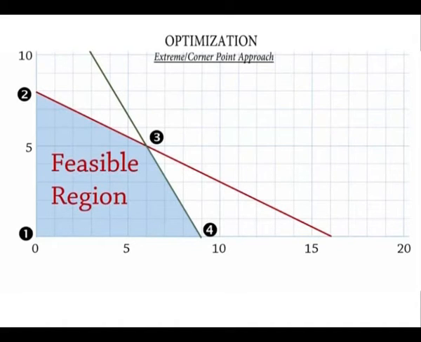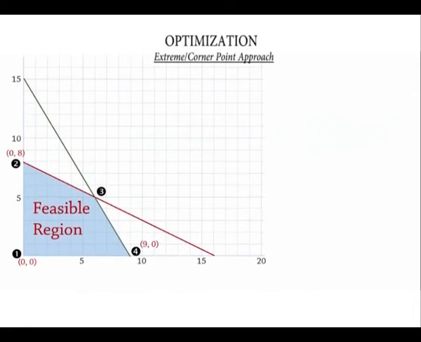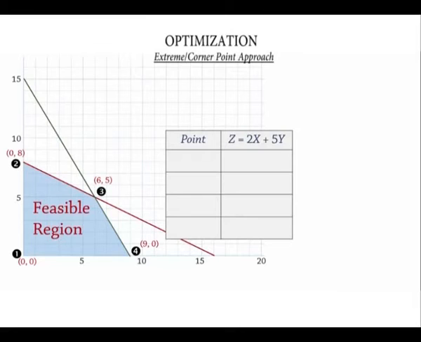At point 1, we have 0, 0. Point 2, 0, 8. Point 3, 6, 5. And point 4, 9, 0. Now we determine the optimal point by getting the corner point that will give the highest value for the objective function. We want to maximize the objective function z equal to 2x plus 5y.